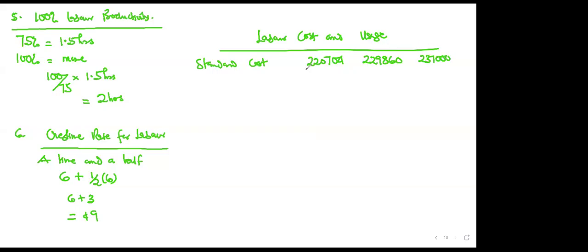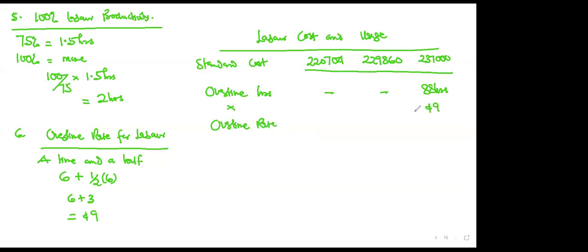So this is what we got as the standard cost, if you remember. Then we said overtime hours: 0, and 88 hours at 9 cedis, which gives us 792.